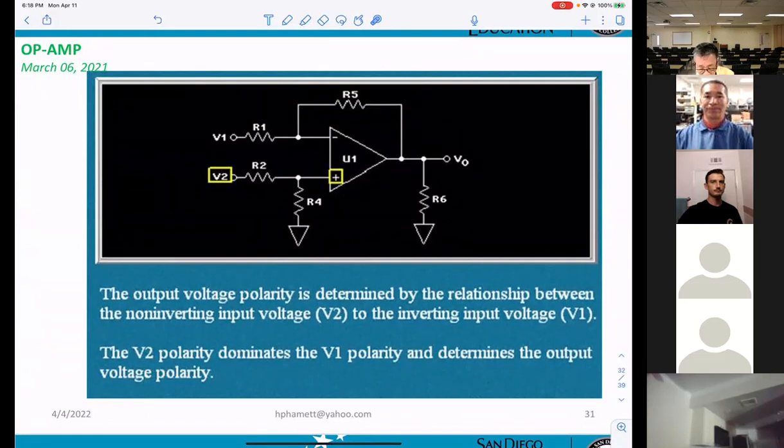We know that VL equals VS positive minus VS negative. The V2 polarity dominates the V1 polarity and determines the output voltage polarity.